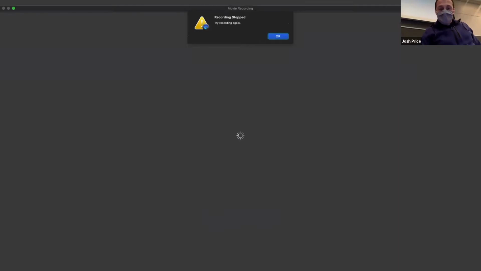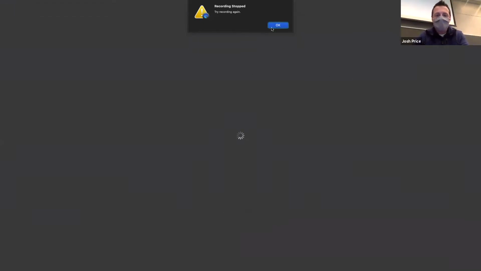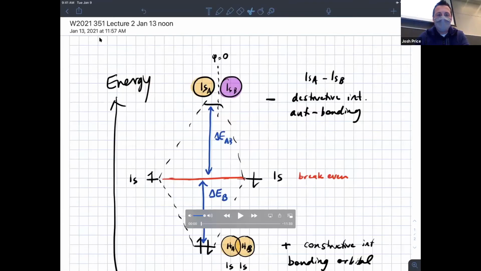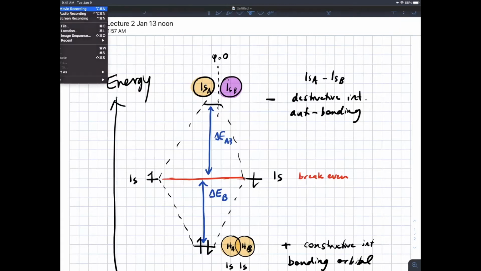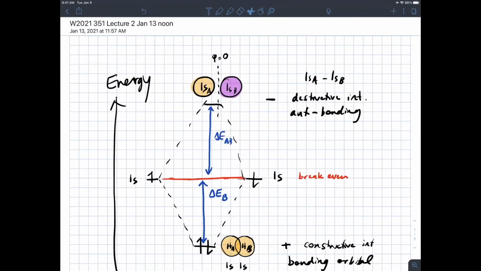Recording stopped. That's really bad, isn't it? Oh, well. Sorry, folks. I don't know why the recording stopped. I don't think it was the Zoom recording. Maybe we're out of memory.